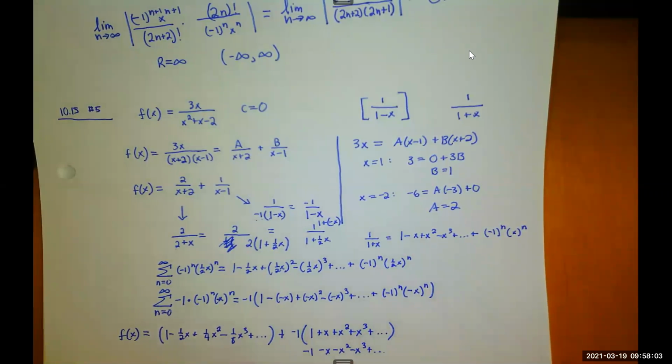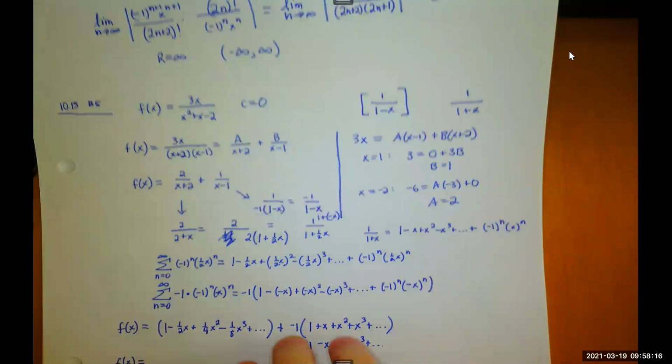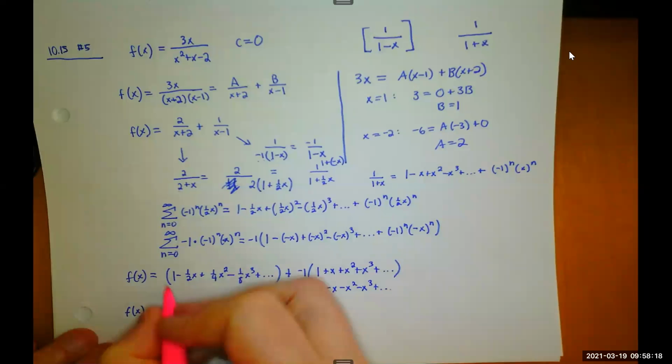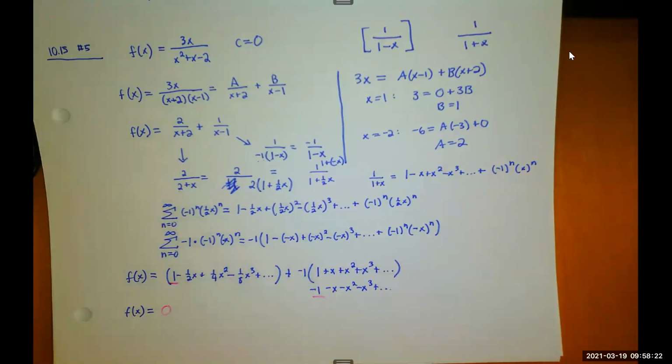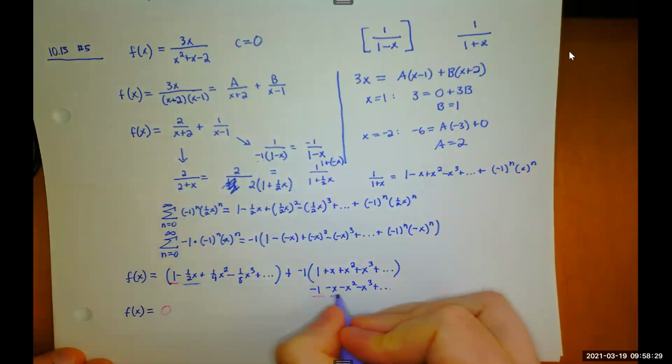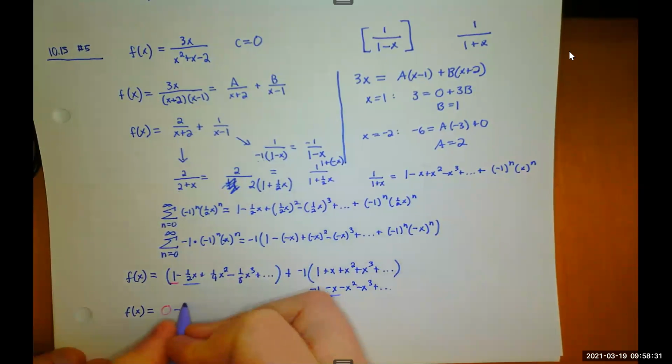Okay. So f of x, look, there's some like terms. Neat. I get to use all my fun colors. All right. This and this. Those make 0. This and this. Those make -3/2 x, I believe.